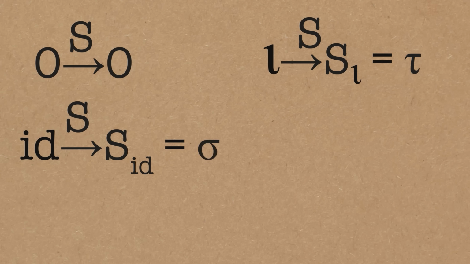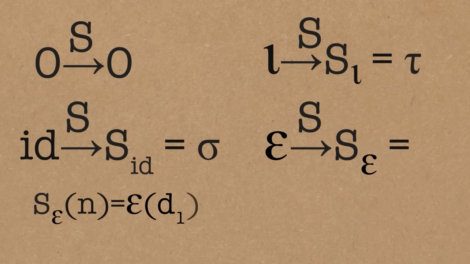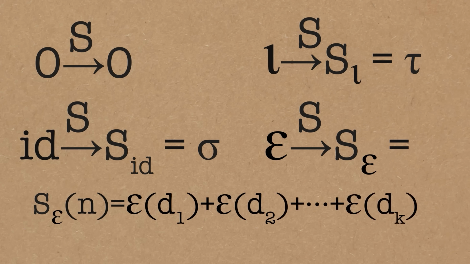A couple more such examples. How about if I take, remember that epsilon guy, the one that goes blip and then dies? What happens if I take its sum function? Let us think. If I have a number n and I want to plug it in here, I just have to take the divisors of n and keep plugging them into epsilon, but this thing is going to die after I plug in 1.